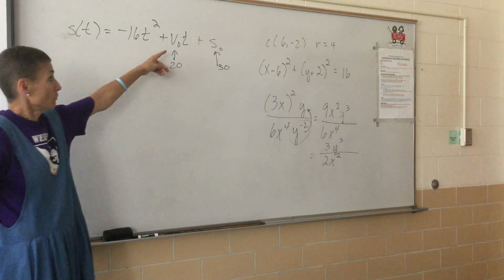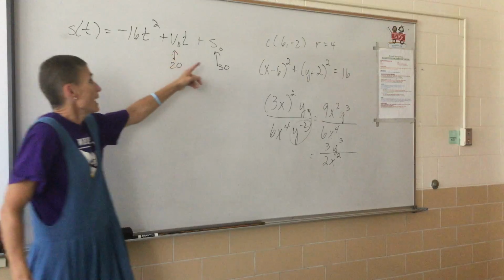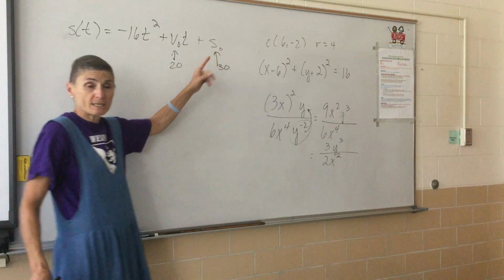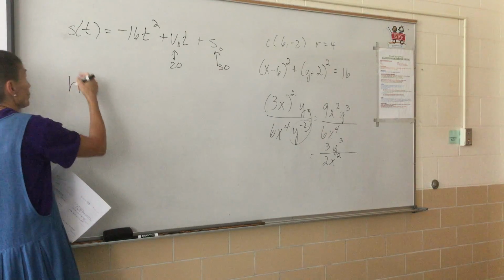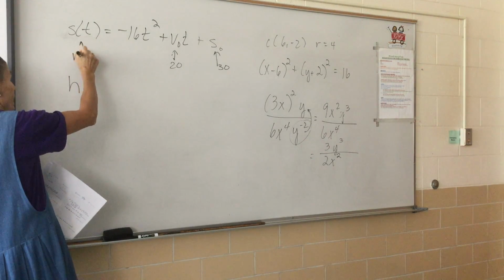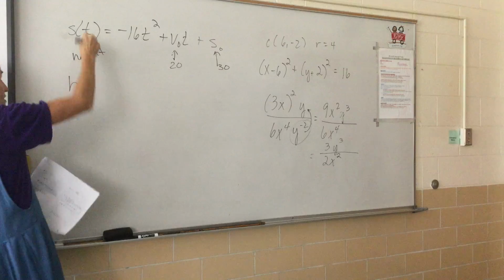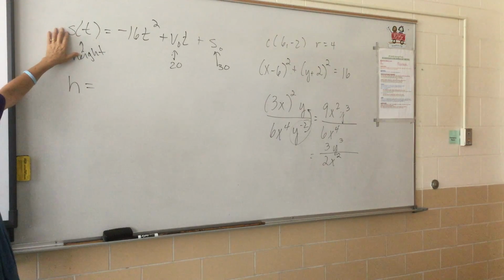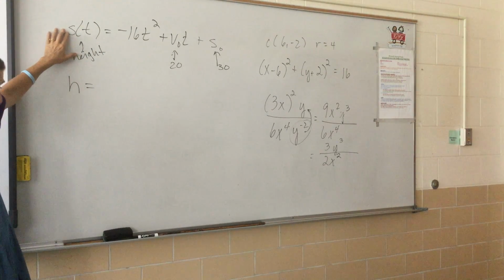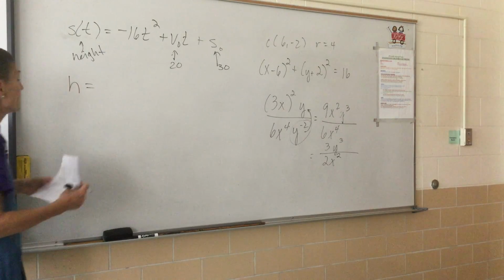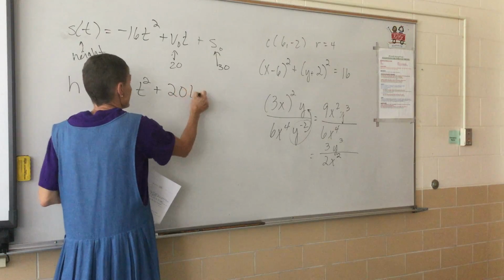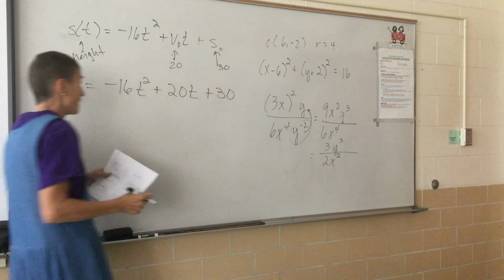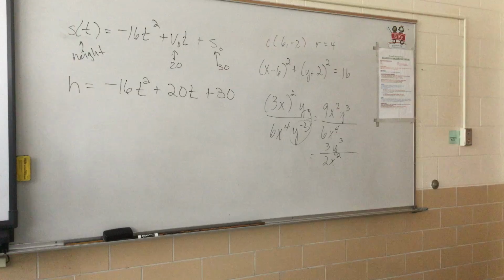Remember, your initial velocity goes here and your initial height goes here. So our equation is h equals, or s of t, that stands for height. If that notation confuses you, that's okay, don't use it. Call it h. H is negative 16t squared plus 20t plus 30.